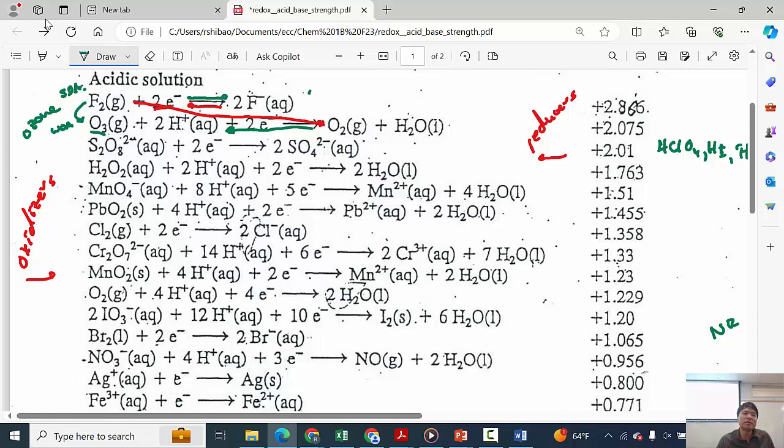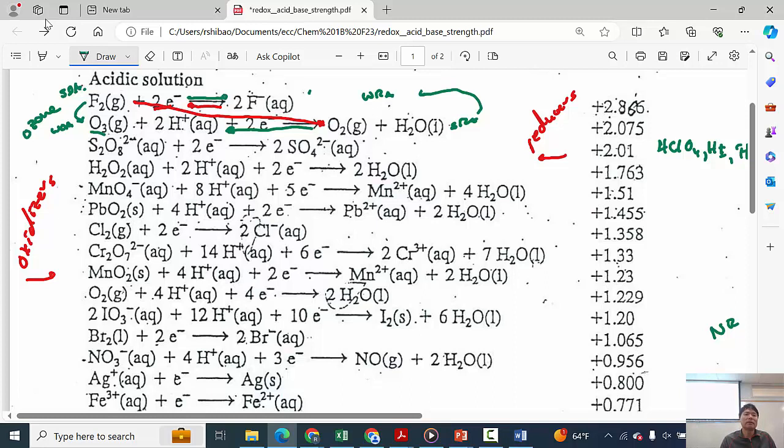So this is downhill, from stronger fluorine to weaker ozone. Likewise, we're going from a stronger reducing agent, SRA, to a weaker reducing agent, WRA. The stronger reducing agent will be oxygen. The weaker one will be fluoride, because this side of the table's inverted.